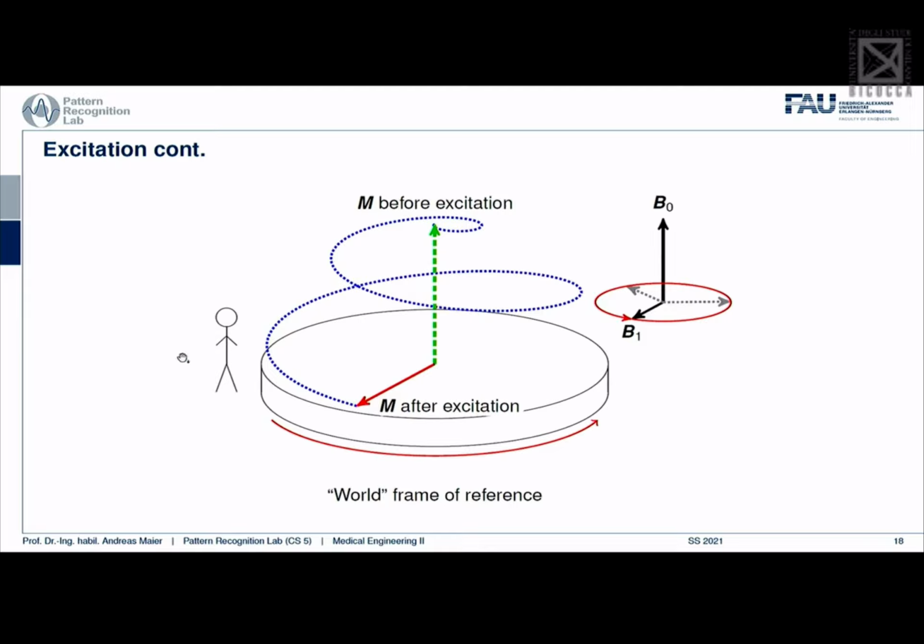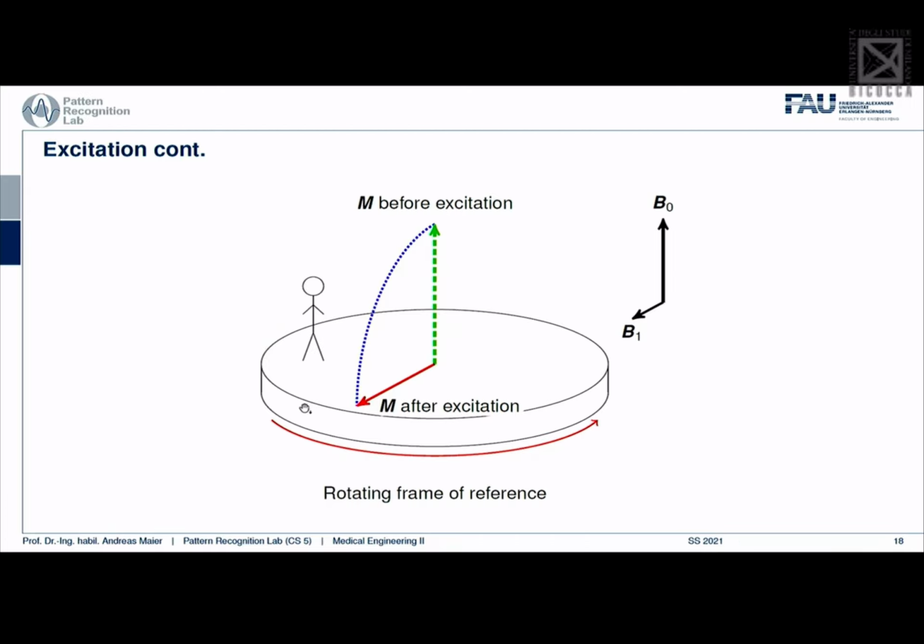So when you're looking from outside, if this is the direction of the magnetic field, this is the direction of the field B1, which is rotating at this resonance frequency around B0. Before excitation, the net magnetization M is pointing in the direction of the field, and after the excitation, it's rotating around it instead.